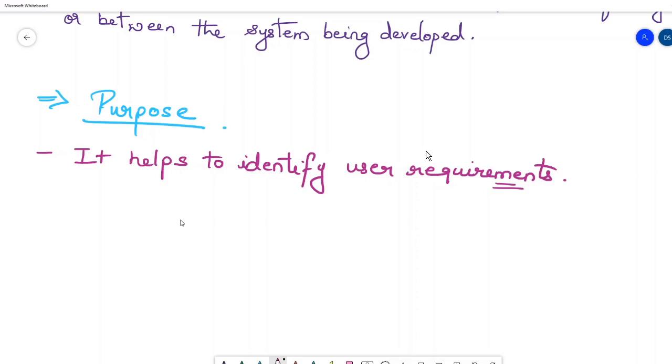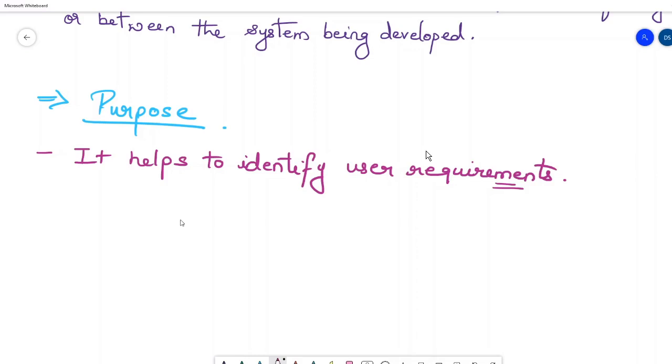So it helps us to understand the dynamic behavior of the system.